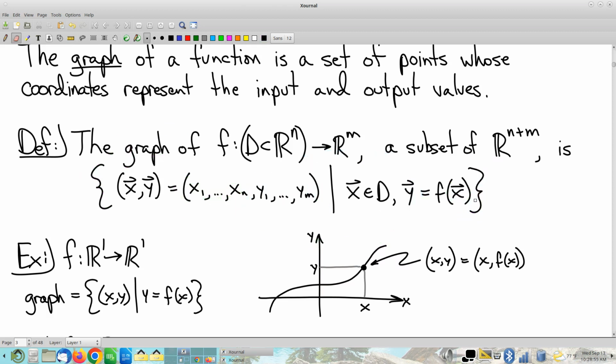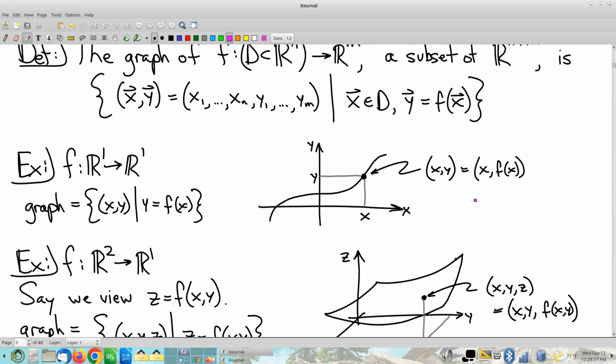Let's take a look at our primary sort of first example. We write down the equation. Here we go. Here we have a function. Notice single variable, real valued function, right? Math 219 kind of function.